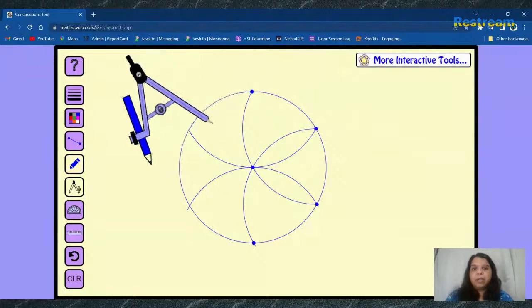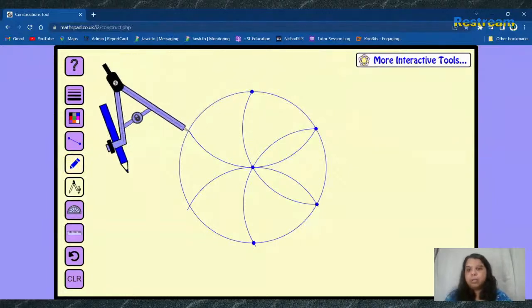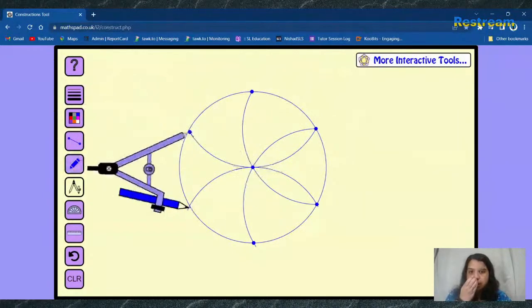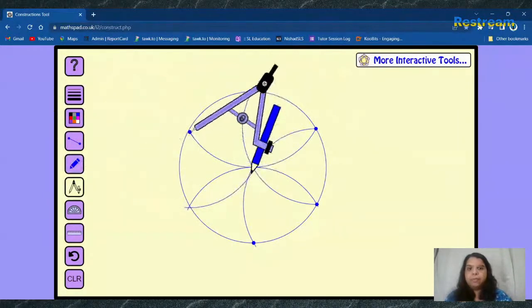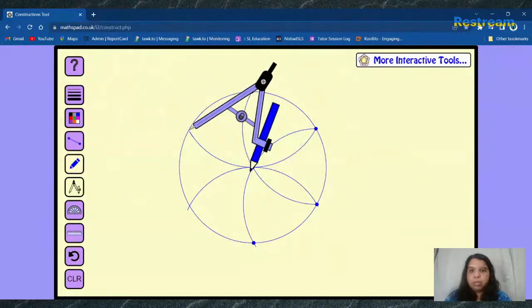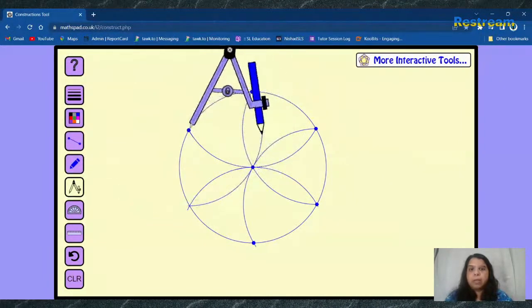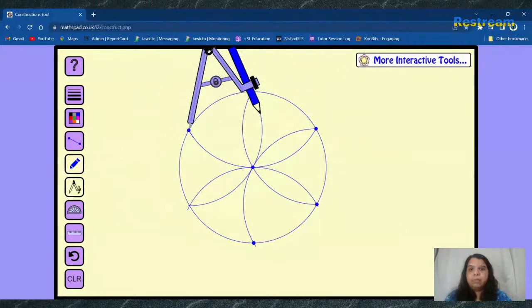Okay. Next one, you come here, you bring this here, and then draw. Okay, sometimes your point is going to move because here, this one is not exactly, see, it's a very pretty flower.